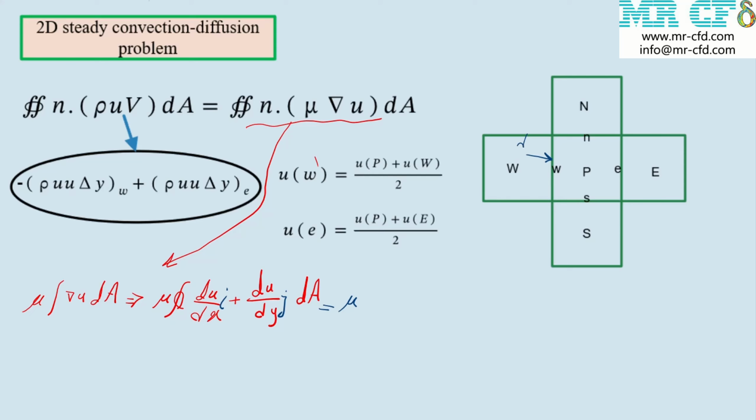So for example, if we look at the left face or the west face, the derivative of u with respect to x and dA are in opposite directions, so a minus will appear in the formula. For the right or the east face, we can write du over dx times delta y. And this first term is in the west face and the second term is in the east face.